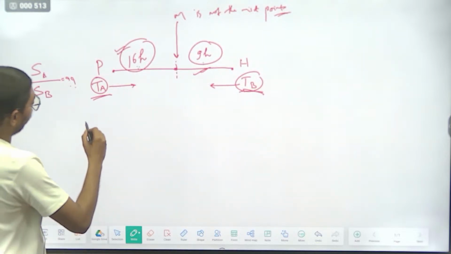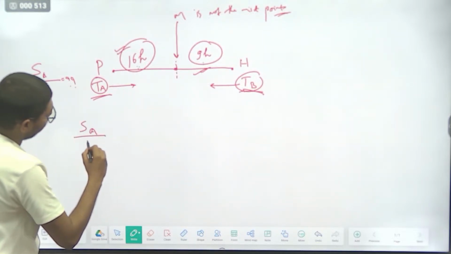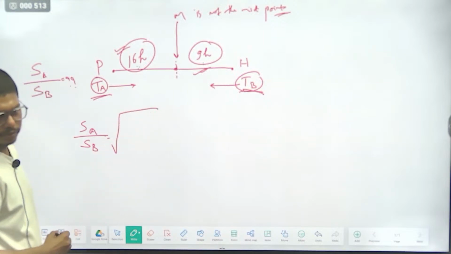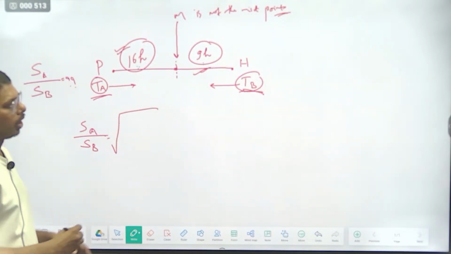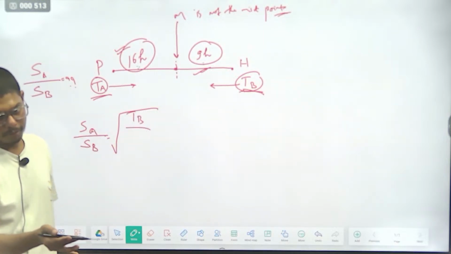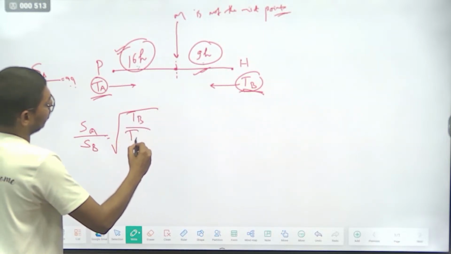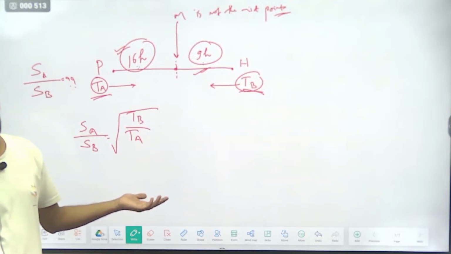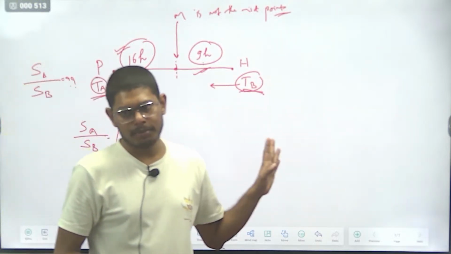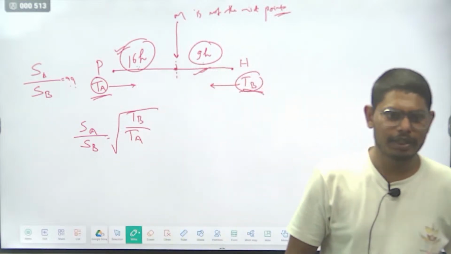So over here, speed of A to speed of B is given as root under the time taken by B after the meeting point divided by the time taken by A after the meeting point, right? Mark this one up.